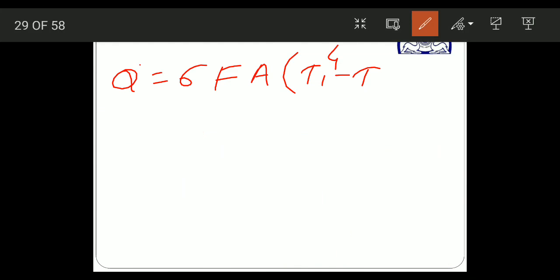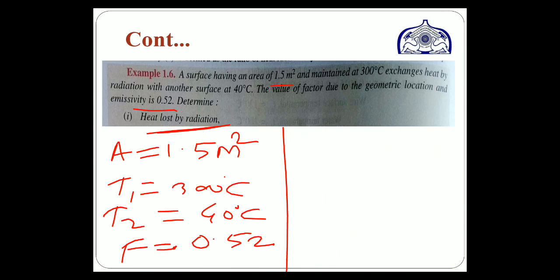So simple question. What is the formula? Q is equal to sigma into F into A, in bracket T1 raised to 4 minus T2 raised to 4, isn't it? So whether area is given? Yes, area is given.